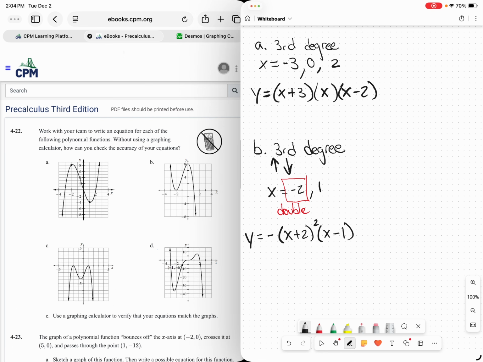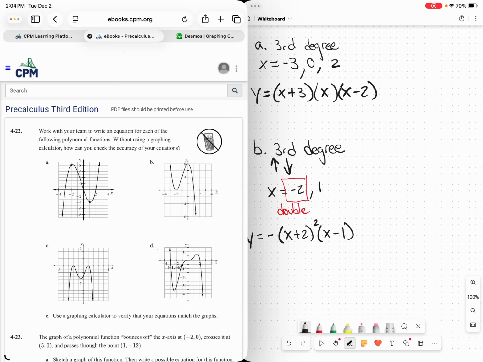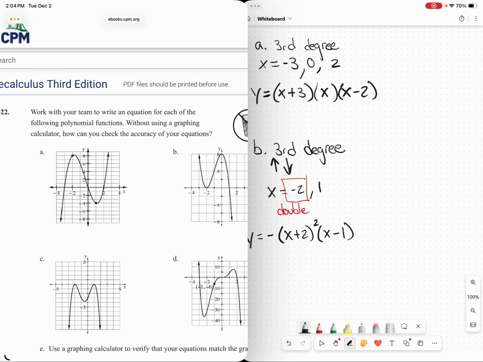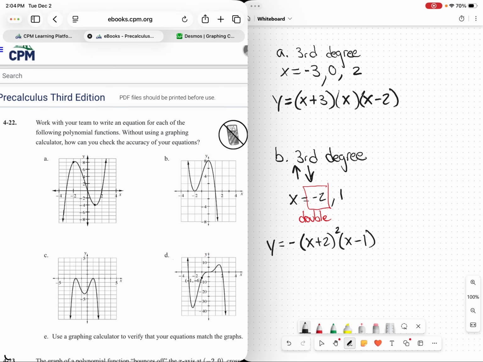Now, here's the thing. When graphing these, if you notice, there are points here. So if you look at A, right, there's points on this graph. So let's say the point 1, -4. We need to test that point to see if this equation works.